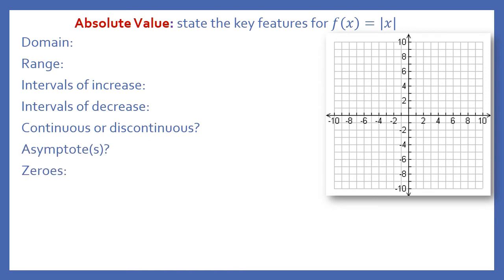Absolute value, same thing. I must have been really in love with square brackets at that time. This basically, we know, makes a V. And again, at that point, it isn't increasing or decreasing. It is changing from decreasing to increasing.